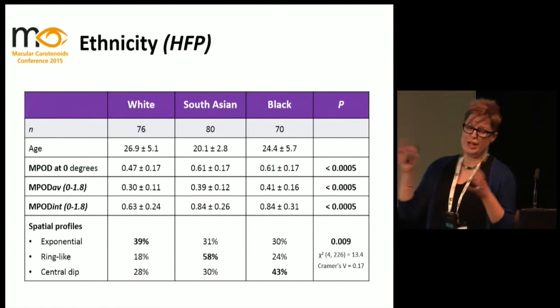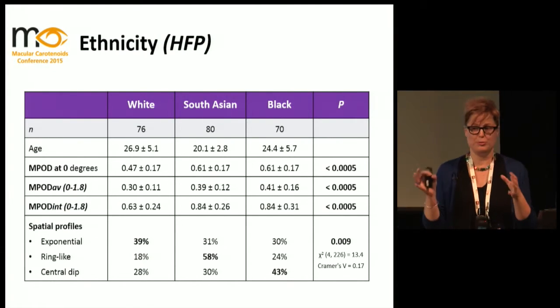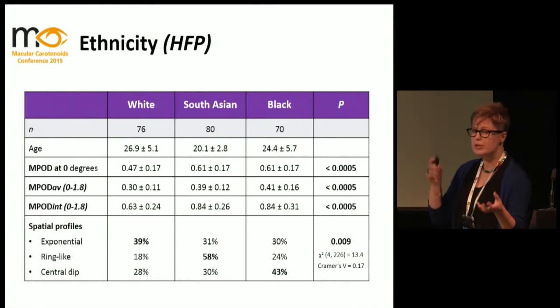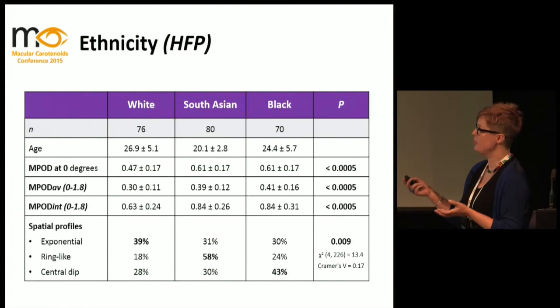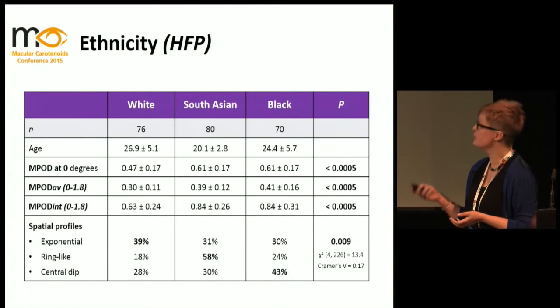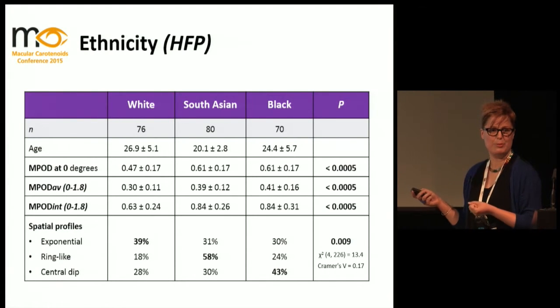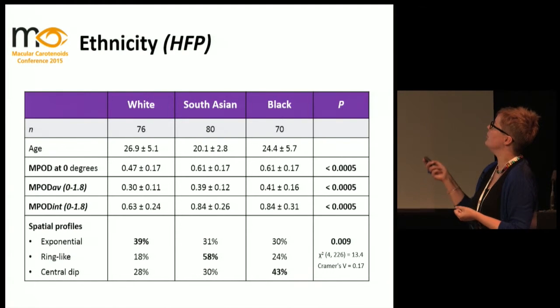So I just want to show you also some soon to be published exciting data that we found when we had a look at HFP, the spatial profiles. And although in the past we have reported significant differences in spatial profiles between these two ethnicities, we are very happy to now also have got a third ethnicity.